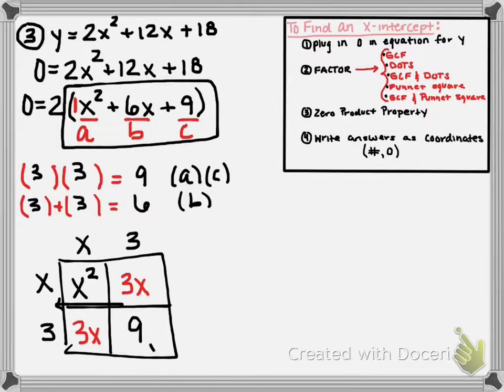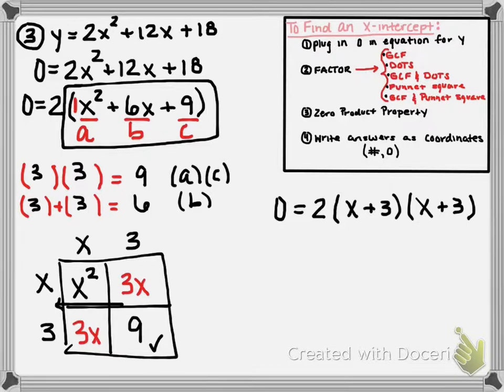Use my little checkbox, 3 times 3 gets me 9. So I'm going to go ahead and write those 2 answers out. So remember, we had 0 equals, we still had that greatest common factor of 2 up front that we pulled out in the very, very beginning. And now I read across the top, x plus 3, and down the side, also x plus 3.